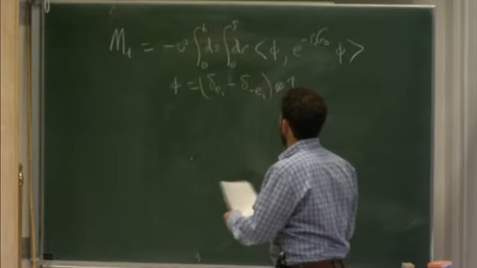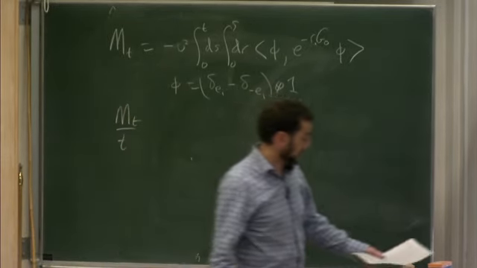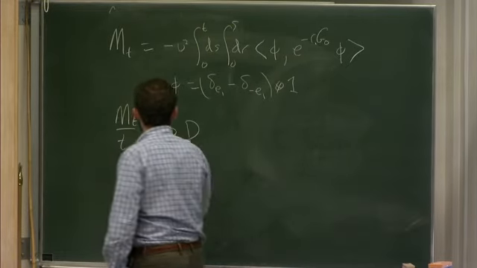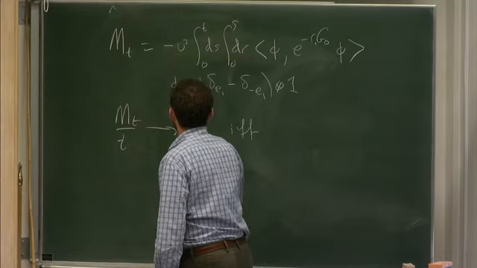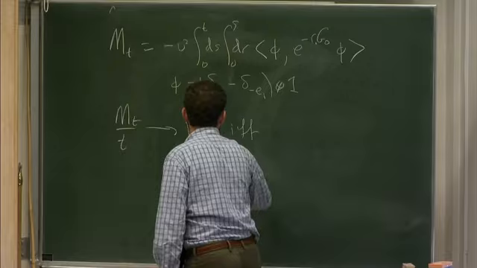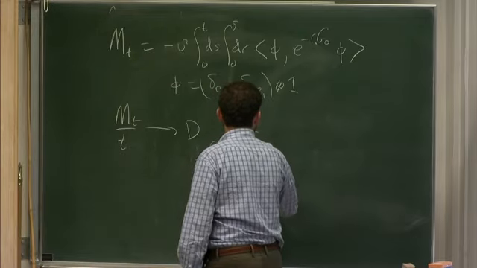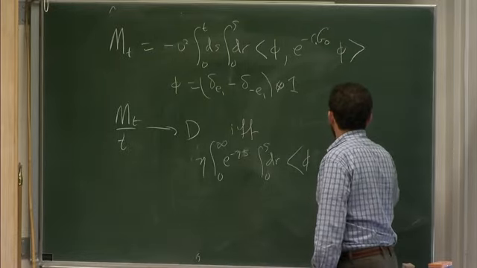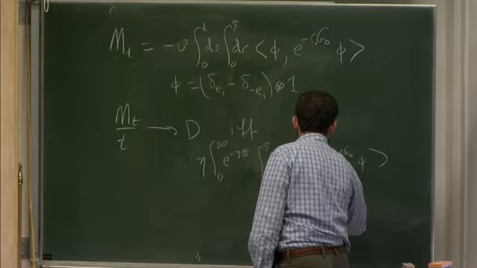Now one wants to analyze the long time limit of MT over T. And there's a nice thing we can do, which is use a Tauberian theorem. This holds if and only if the same thing where I put an exponential average goes to D as eta goes to 0.